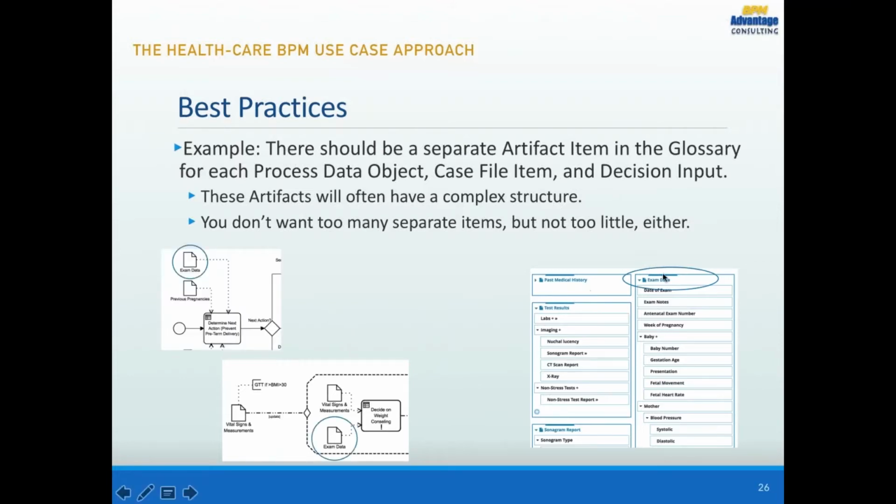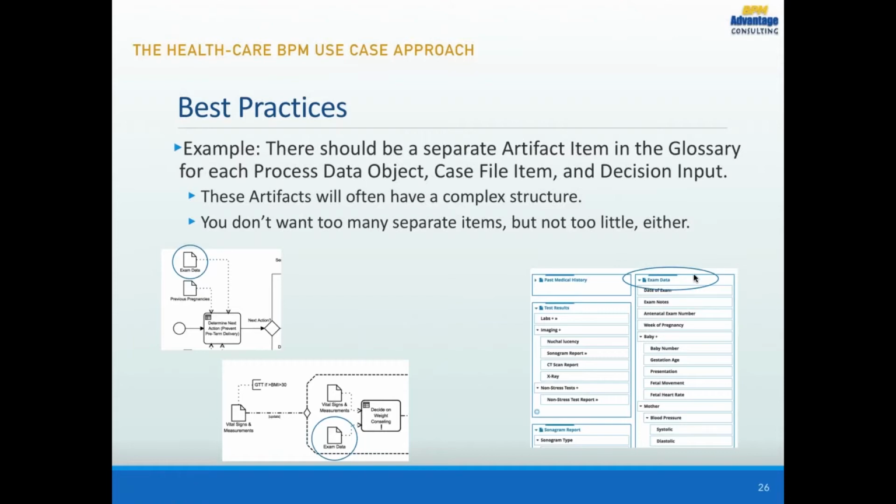And that exam data, in the Discovery Accelerator here on the right, should match a BPMN data object or a CMMN case file object. You can see in both cases we're using exam data, which has a structure, and the structure has items that have their own name and type.